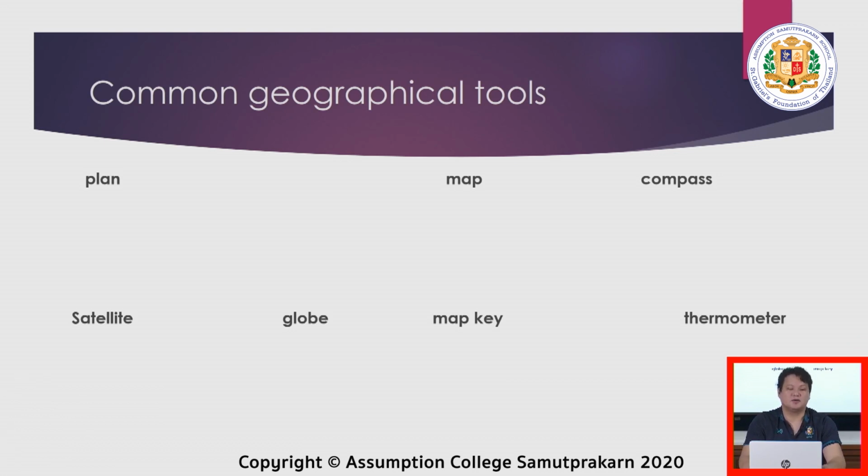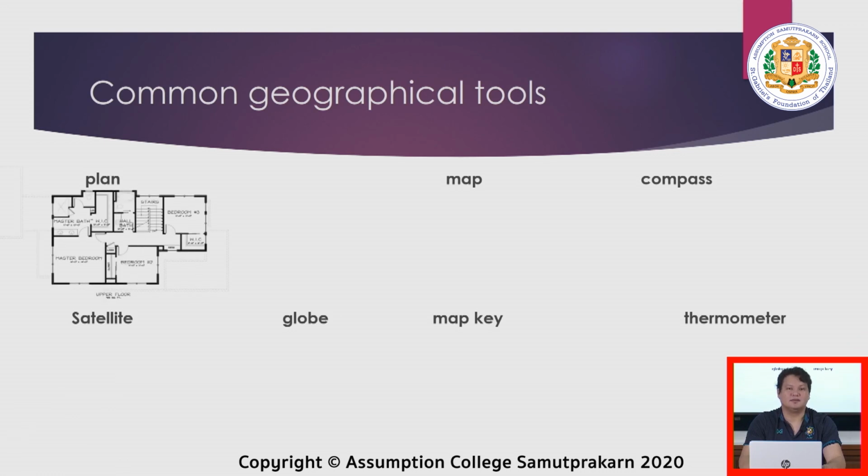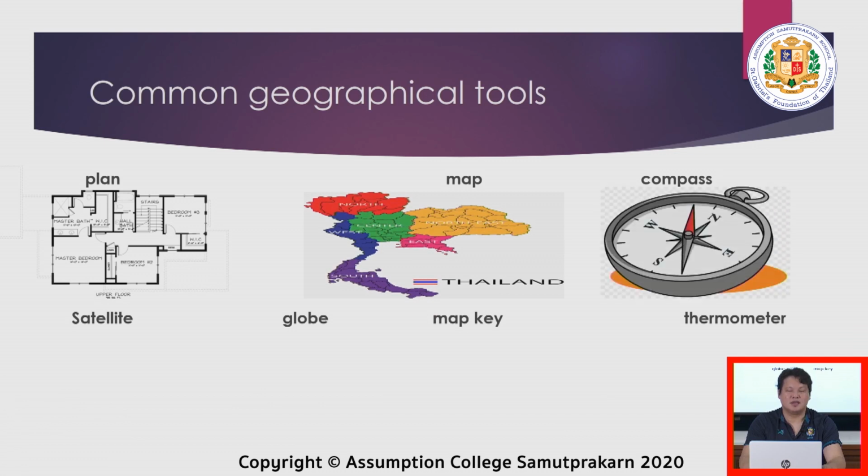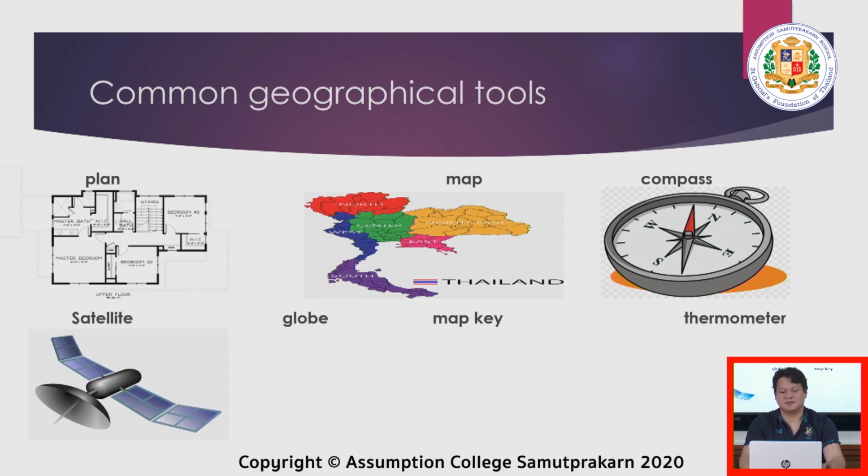First picture, a plan. A map. A compass. It points to the north, south, east, west. These are the cardinal directions. Satellite, a device that's moving around the earth in space.